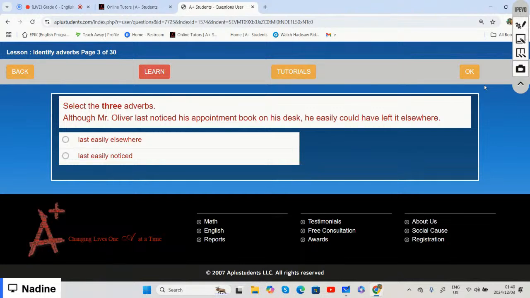So we need to select three adverbs. Is it option one, last, easily, or elsewhere? Or is it option two, last, easily, or noticed?